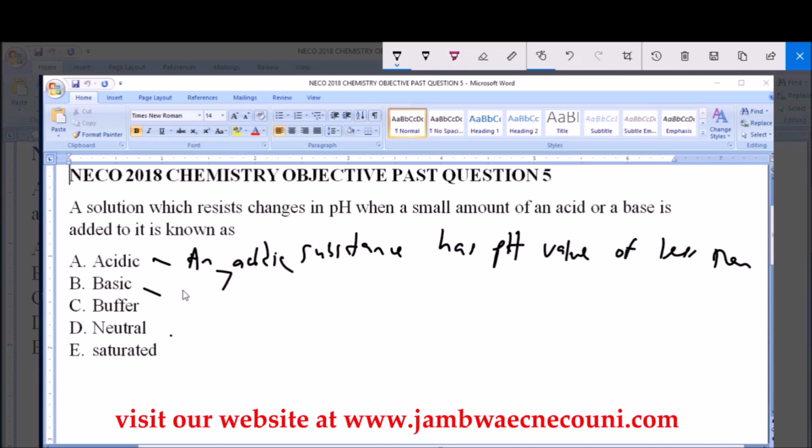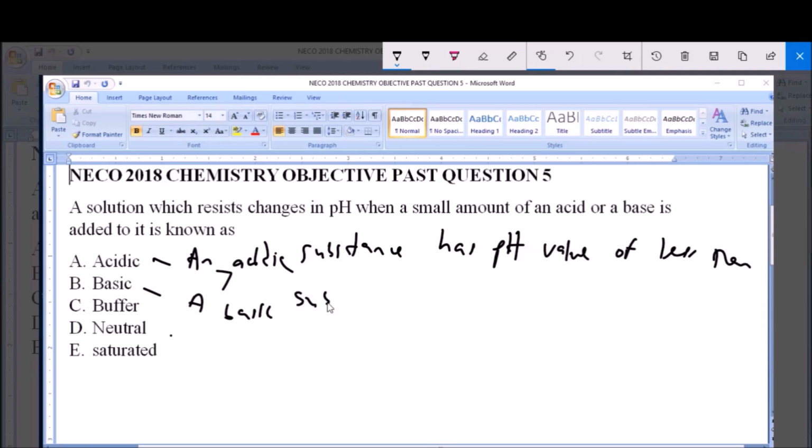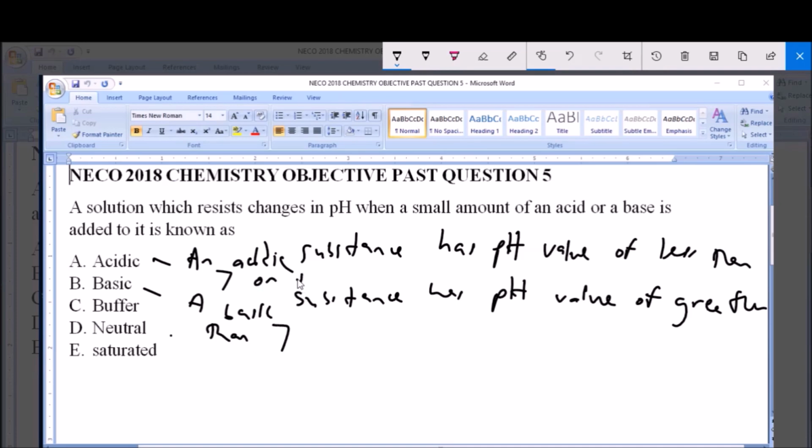Now, option B, which is basic. A basic substance has pH value of greater than 7. Now these values are on what is called the pH scale.